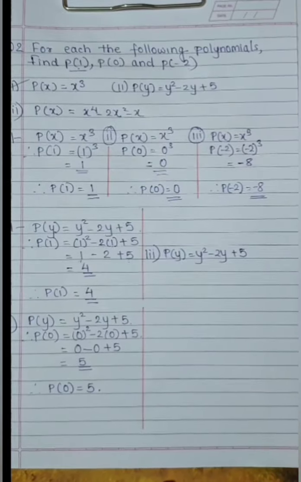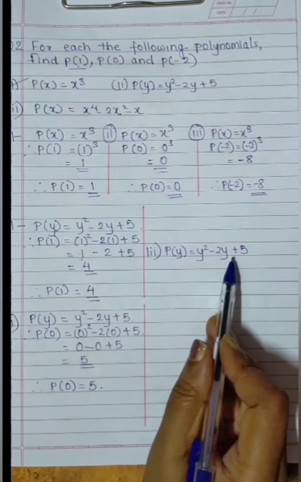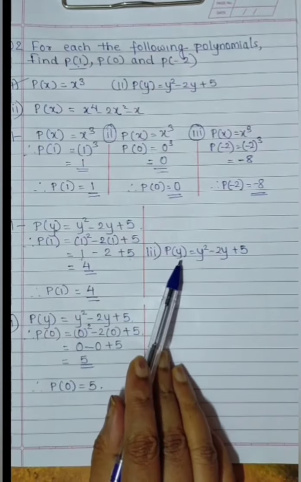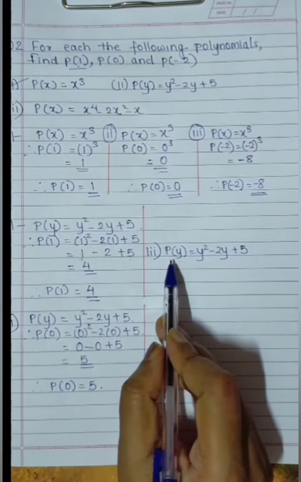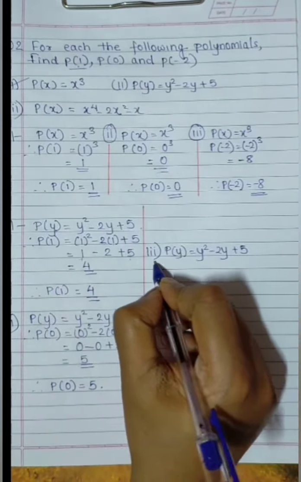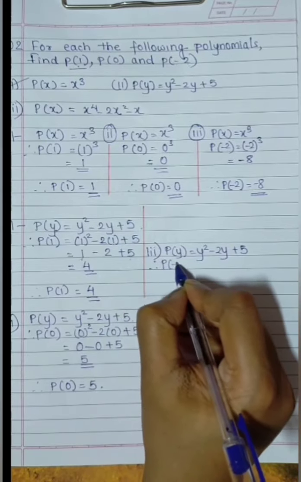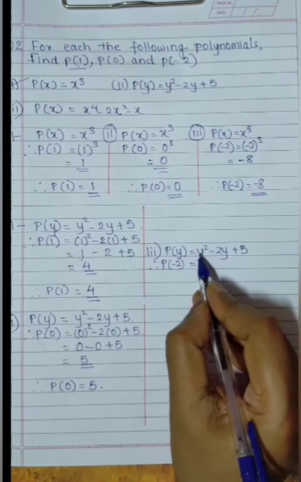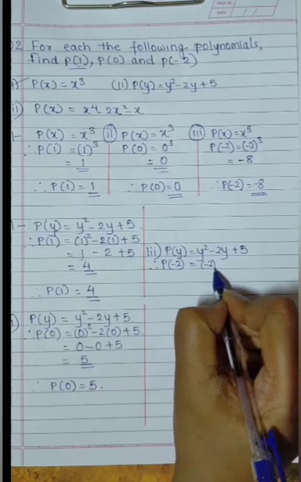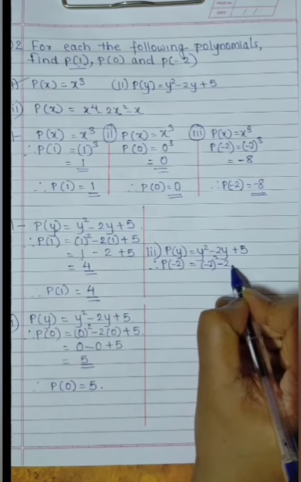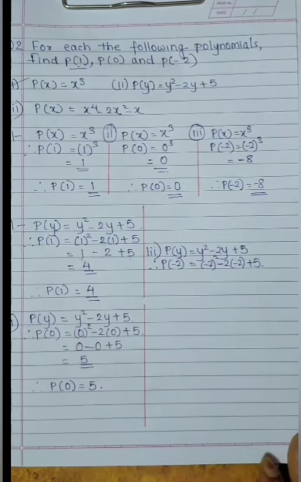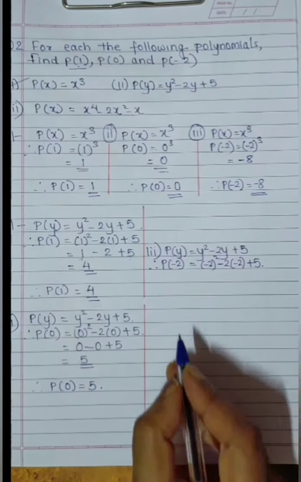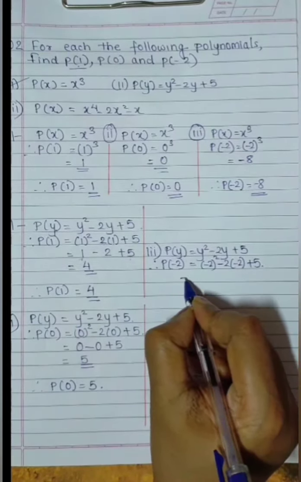As you can see, the third equation is what? The same equation, but we have to take the value as minus 2. Here the y value is minus 2, so I am writing p(minus 2) equal to minus 2 square minus 2 into minus 2 plus 5. I hope it is visible. I am writing here the next step.